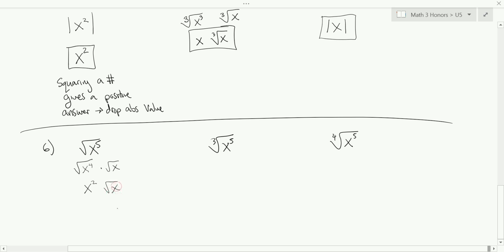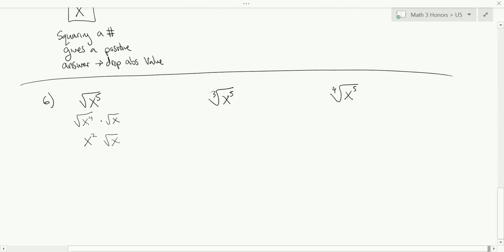Now, do I need an absolute value? Okay, and there's actually 2 reasons I don't need one here, and understanding both reasons is going to be important for you. So let's list them both here. So we don't need the absolute value. What's one reason?